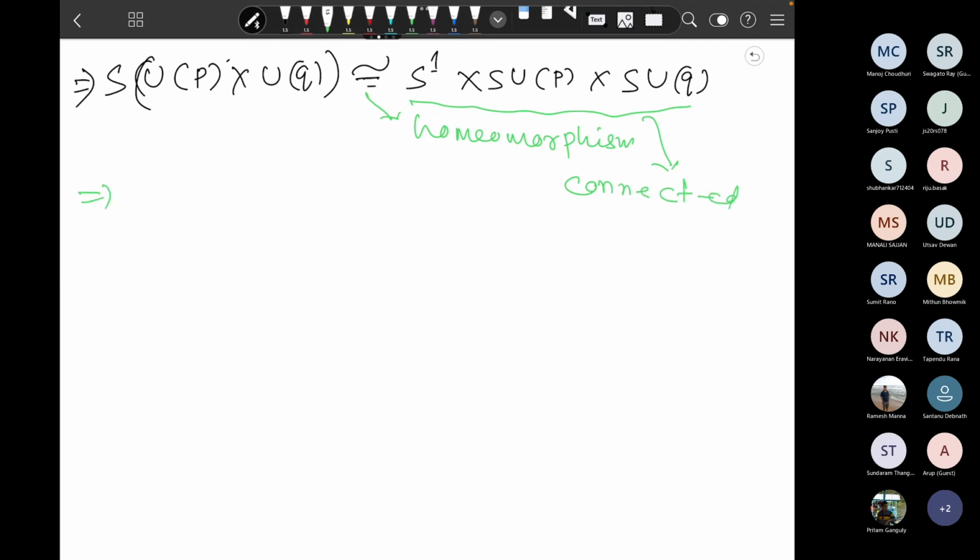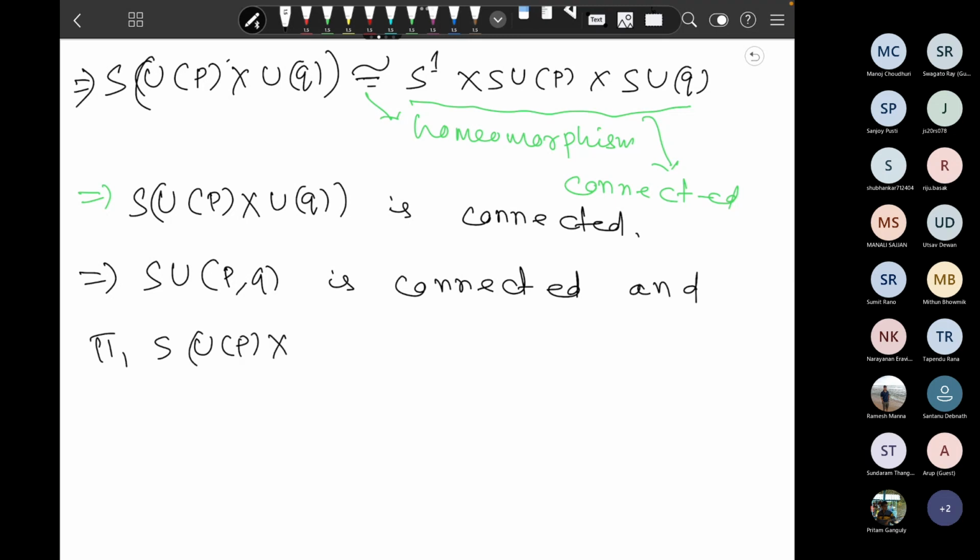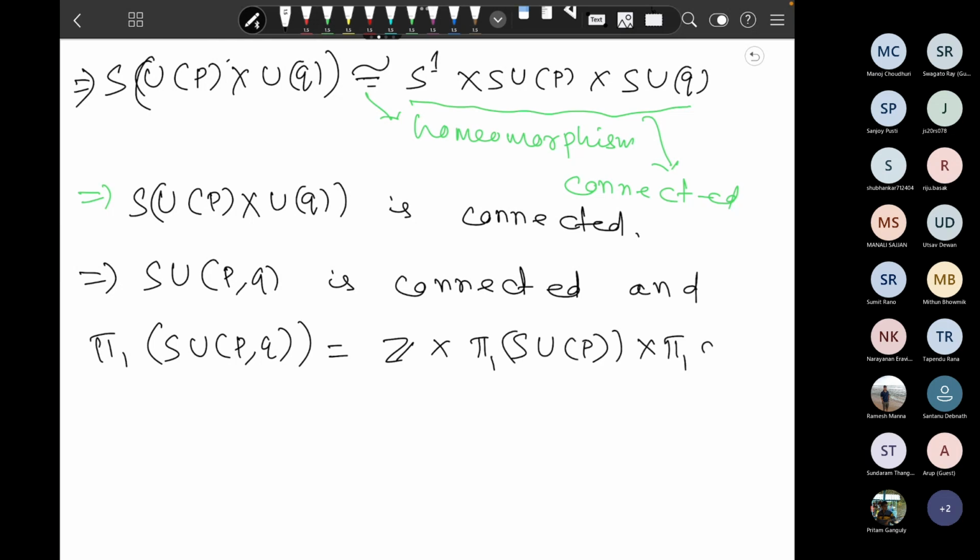So this implies S of UP plus UQ is connected, and this will imply that SU P comma Q is connected, and pi 1 of S of UP plus pi 1 of S. So this finishes the so-called unitary group.